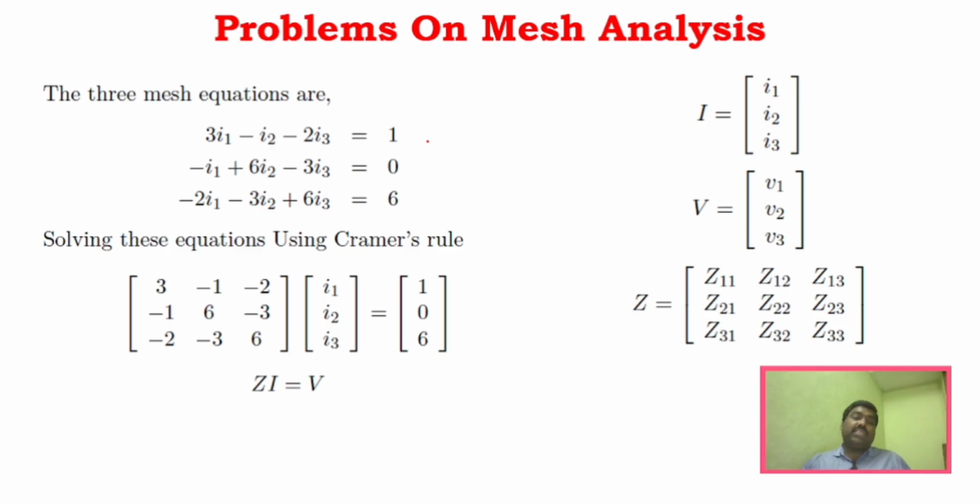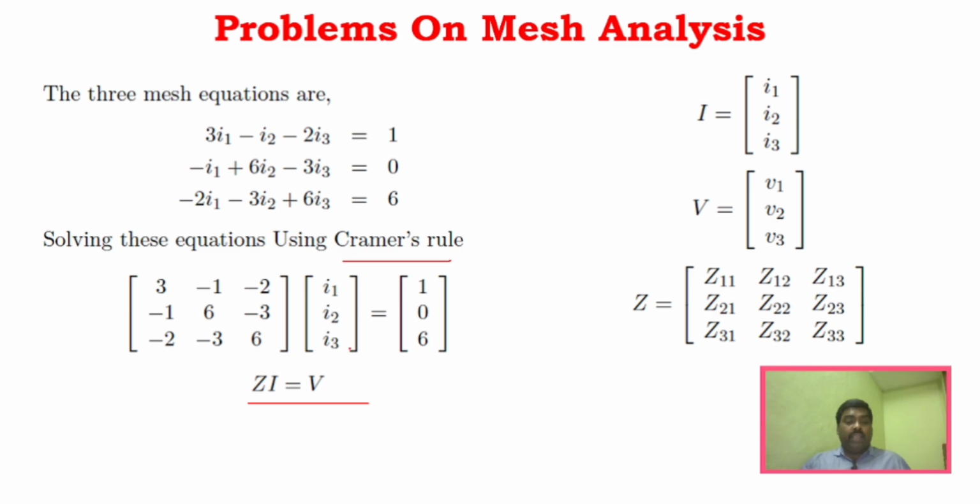And since there are 3 equations, we can use Cramer's rule. What is Cramer's rule? In Cramer's rule, we follow this particular method, that is ZI is equal to V, right? So how do we solve this expression? This expression is the same, you can see here. We know that we have I1, I2, I3.